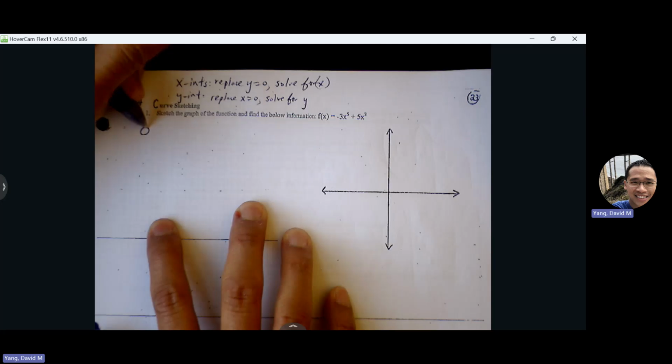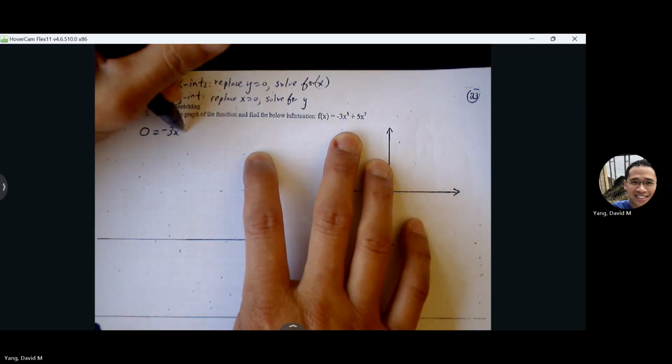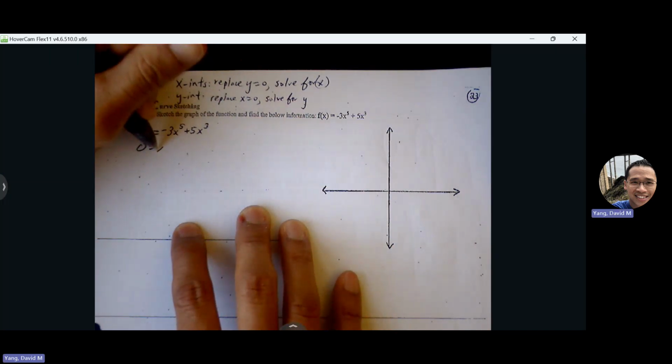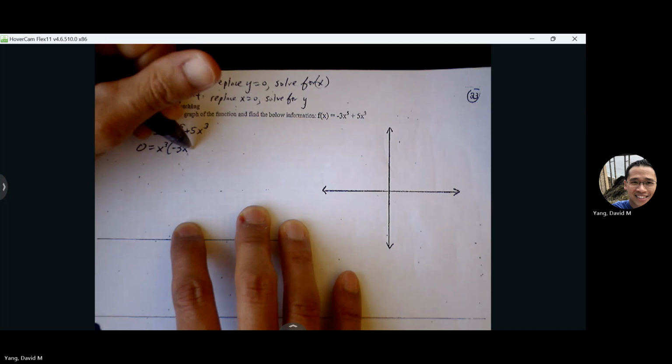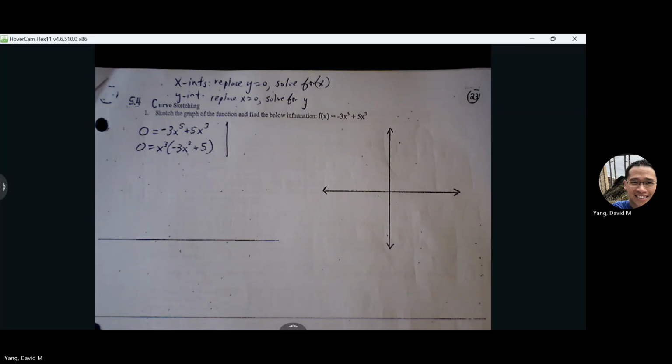If I replace y with 0, I can do some factoring. I can factor out x cubed. X cubed equal to 0, that's just going to be 0.